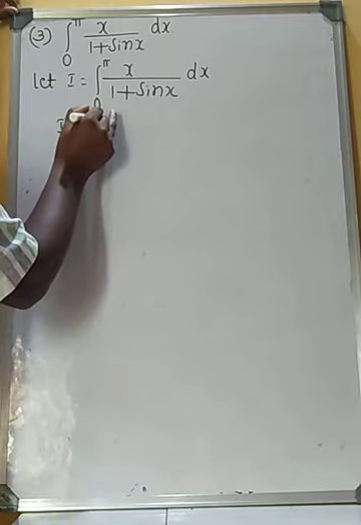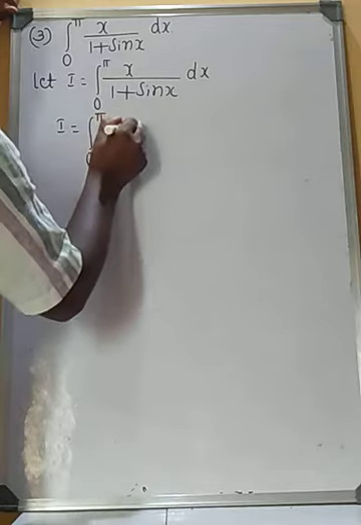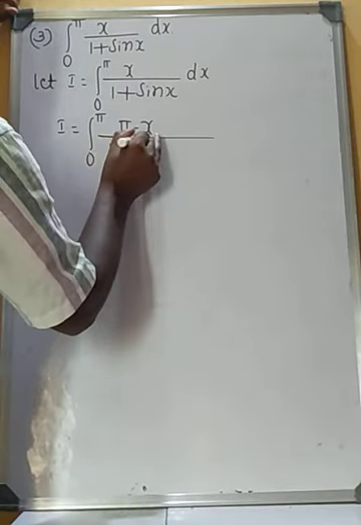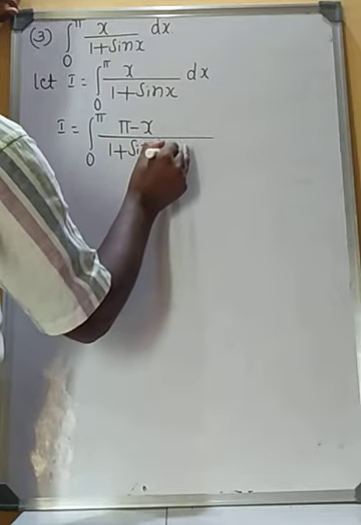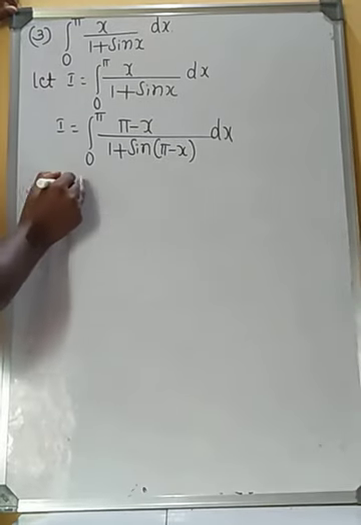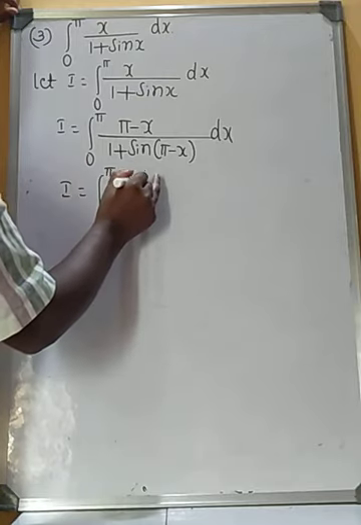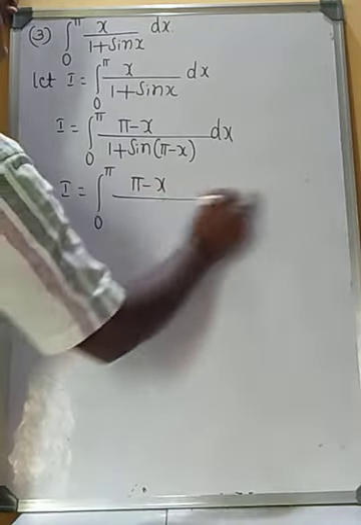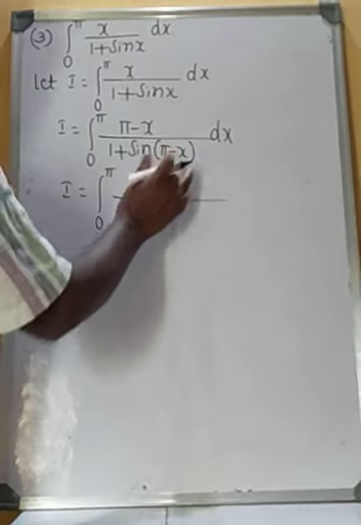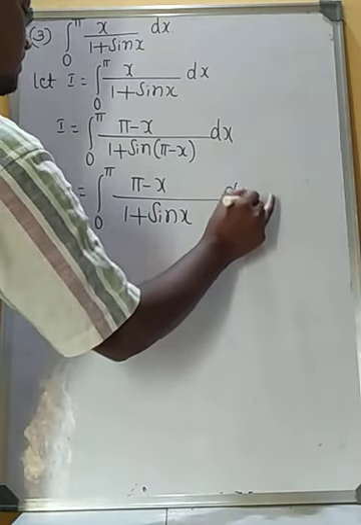Therefore I equals integral 0 to pi of (pi minus x) divided by 1 plus sin of (pi minus x) into dx, where sin of pi minus x is sin x.